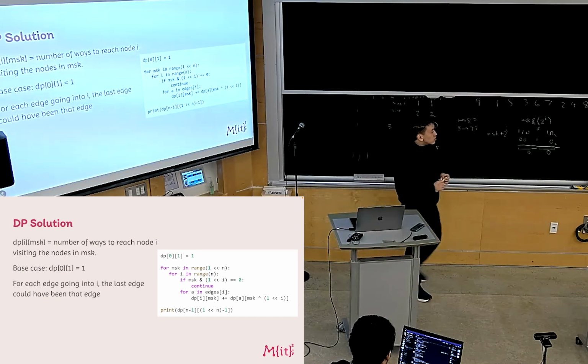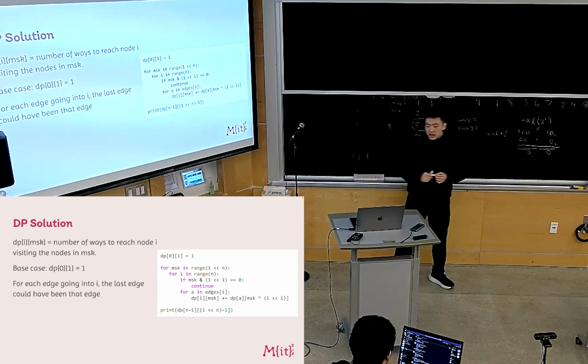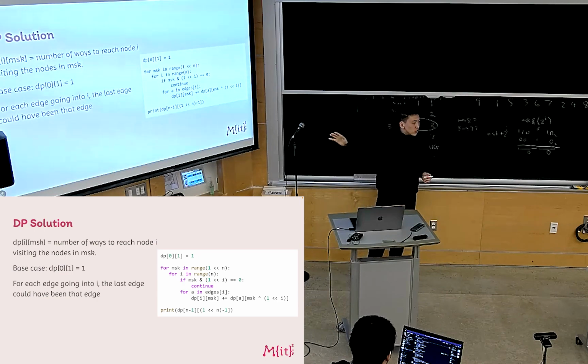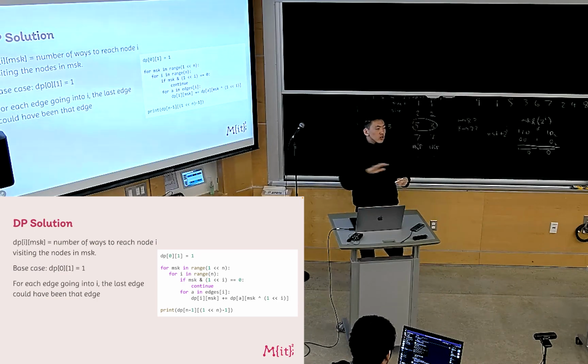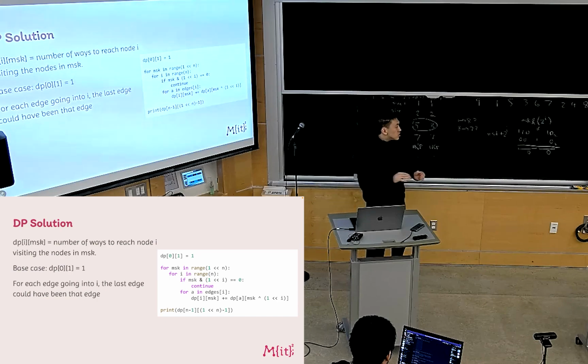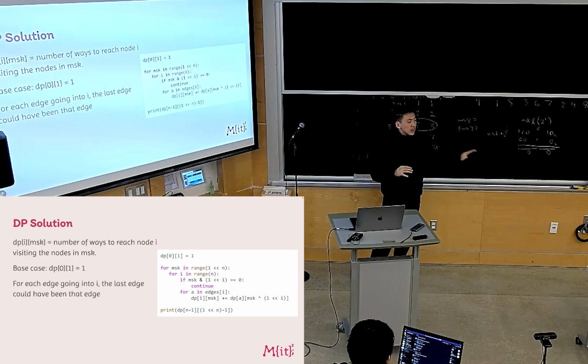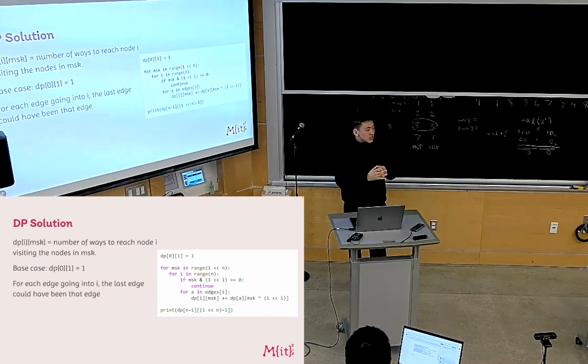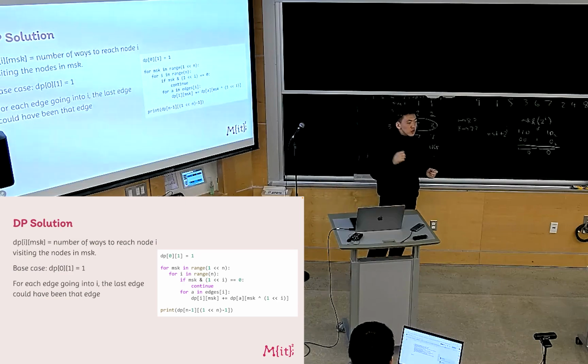And I guess one final note is that it's actually important that you iterate over mask first, not over the node, because you don't know what order you're going to visit your nodes in. You want a well-defined order in which you only visit states that you've already calculated. For mask, we know that for any mask that we're going to eventually go to, we're only ever removing bits from it.